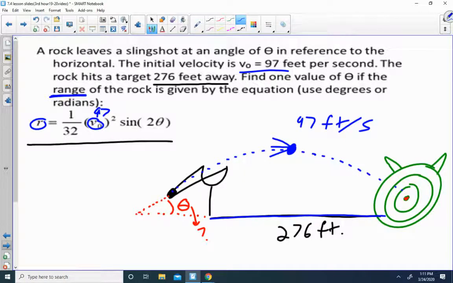So the range is going to be the distance, 276 feet. And then all that's left to do is solve for this angle. So it's kind of a plug and chug problem, to be honest. Now that you have a visual of what's happening and how we're going to solve it, I'm going to erase what I've drawn here, and I'll show you how it's done.